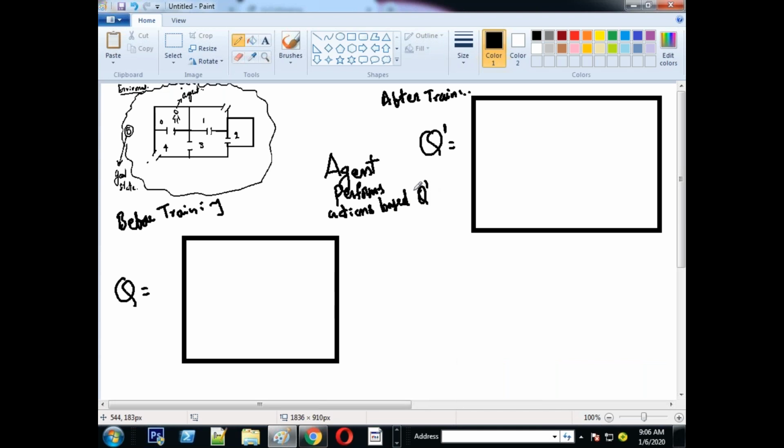Understand the point? So what are the different states I have? These are the states, 6 states.